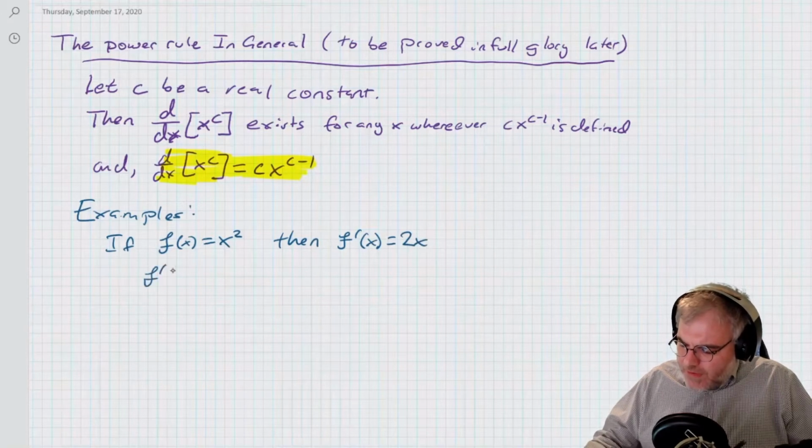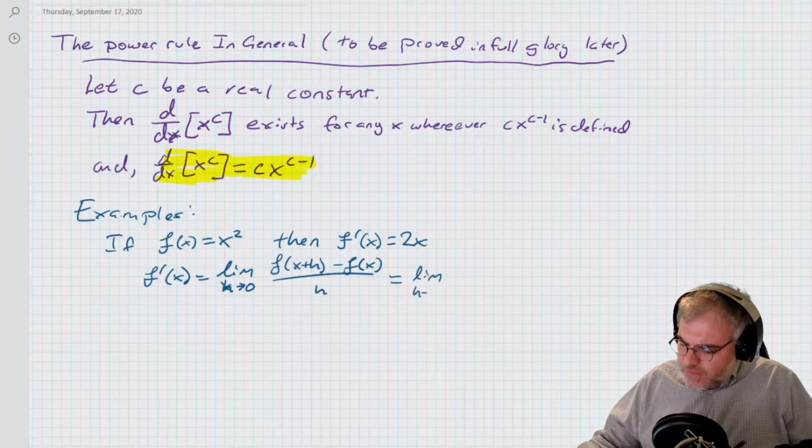So f prime of x equals the limit as h goes to 0 of f of x plus h minus f of x all over h, which equals the limit as h goes to 0 of, I just put in x squared here, so x plus h squared minus x squared over h.